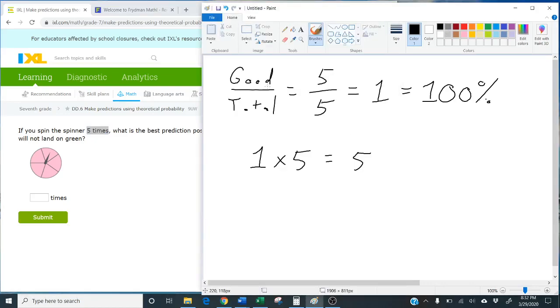You could have also done that by using this fraction over here. If we had done 5 over 5 times 5, and then put this 5 over 1, we get 25 over 5, and 25 divided by 5 is 5. So again, we get the same answer, right?